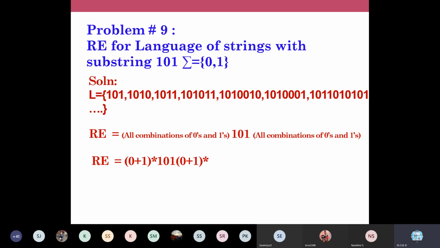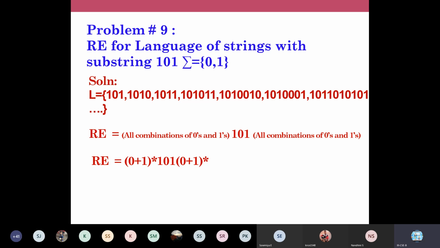In the first part of your regular expression, you may have any combination of zeros and ones, and in the last part also any combination of zeros and ones, and in between you must have 101. With this hint, I think you can write the regular expression and find the answer. Where I've written all combinations of zeros and ones, replace it with (0+1)*.